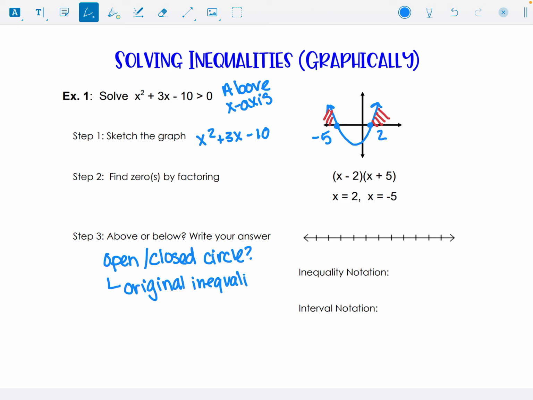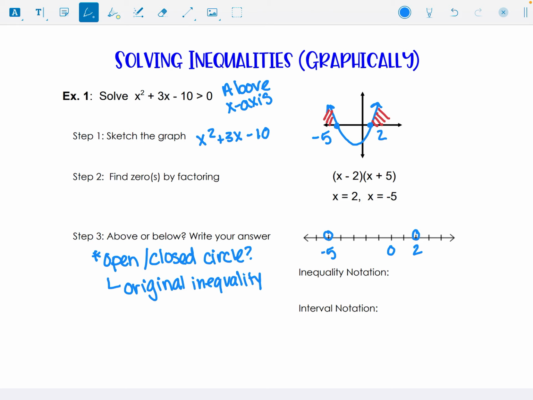In this case, because it was a greater than symbol, then we want to do open circles. So an open circle at negative 5. Notice you don't have to number every single number, but they do have to be accurately far apart. Okay, so I did an open circle at negative 5 and open circle at positive 2.